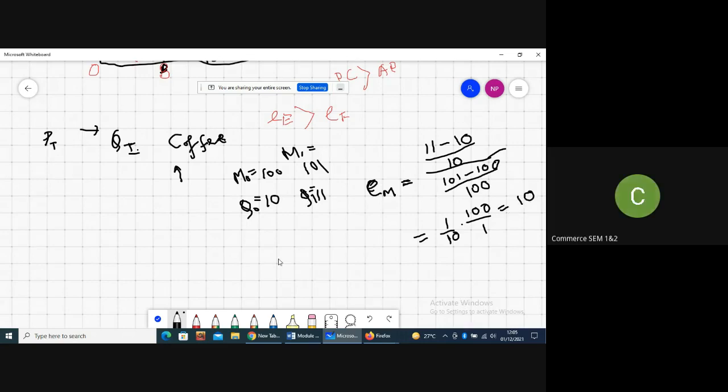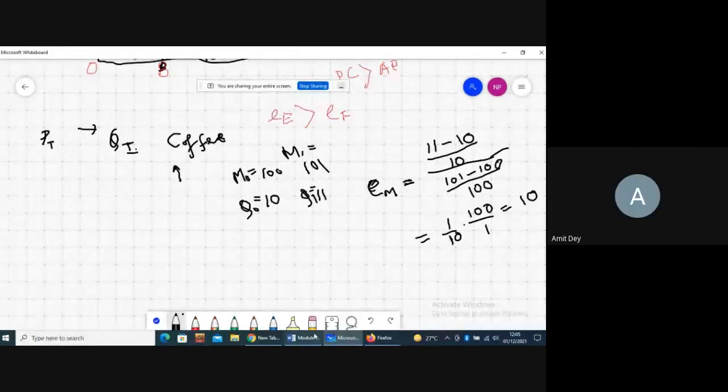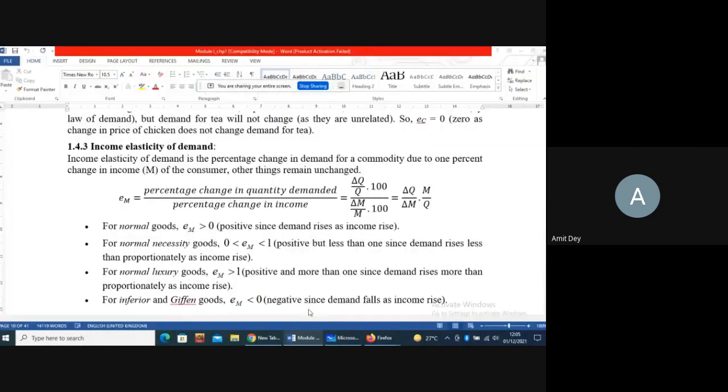So the income elasticity of demand is the percentage change in quantity demanded for a 1% change in your income. So if the consumer's income changes by 1 percentage point, by what percent does his or her quantity demanded change? That is given by the income elasticity of demand.